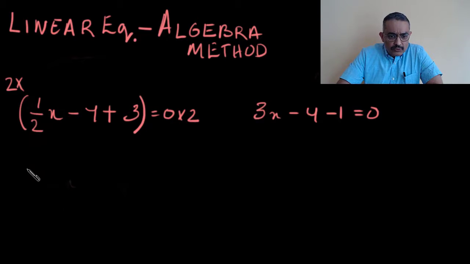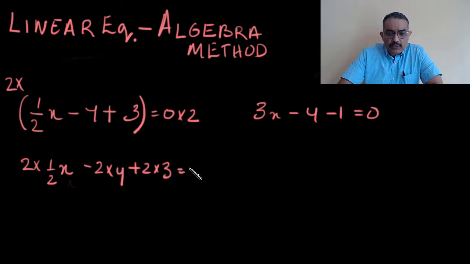So we would do 2 times half of x minus 2 times y plus 2 times 3 equal to 0. 2 times 0 is 0. So this would cancel out. So we are going to ultimately get an equation that says x minus 2y plus 6 equal to 0.